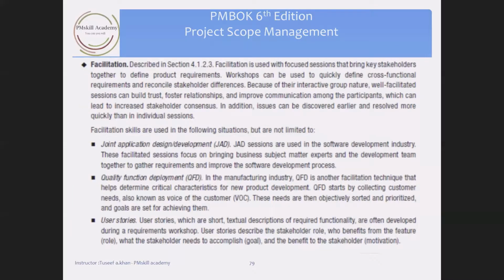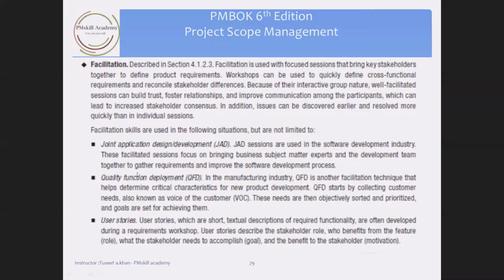You have facilitation: meetings that bring together all stakeholders, and you can increase stakeholder agreement on which parts they agree. So this technique is called facilitation.